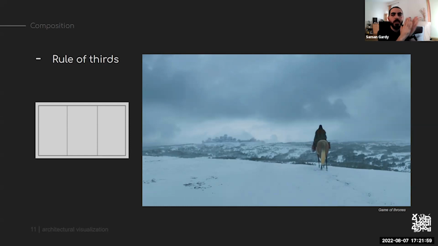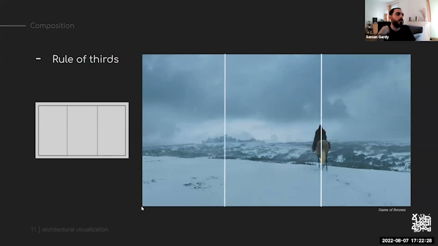Well, you divide the image into 3 parts, horizontally and vertically, and you place your hero in 1/3 of the image. The whole idea of the rule of thirds is how to create an asymmetric visual arrangement for your frame or for your image. So let's see a real-life example.